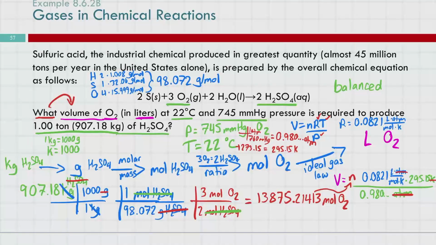Atmospheres cancel, kelvins cancel, the moles cancel. We plug all this into our calculator. V equals giant number of moles times 0.0821 times 295.15 divided by 0.98 and change, and we get syntax error.